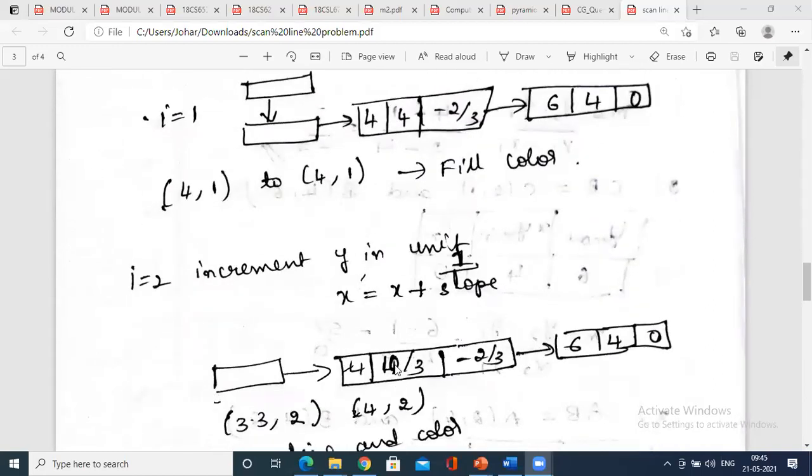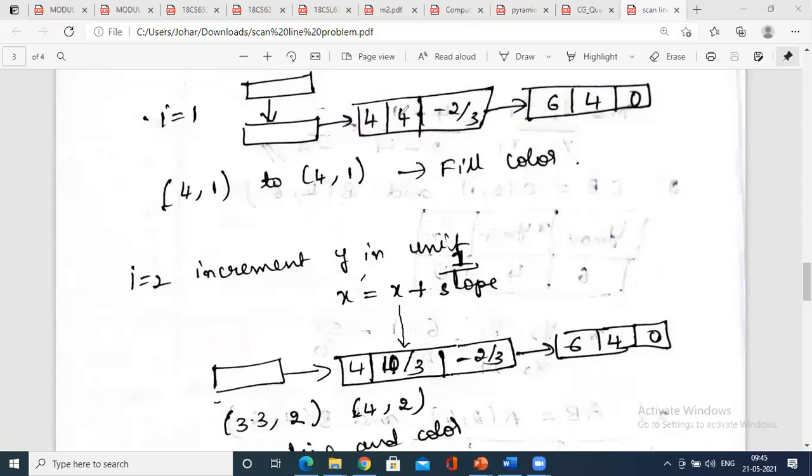So here, this global edge table, I'm not going to modify it, whereas I'm adding 4 plus minus 2 by 3. So 4 plus minus 2 by 3 will be the next x value. So I'm going to update it over this table. The second compartment always consists of an x value, so this will be updated with x plus 1 by m.